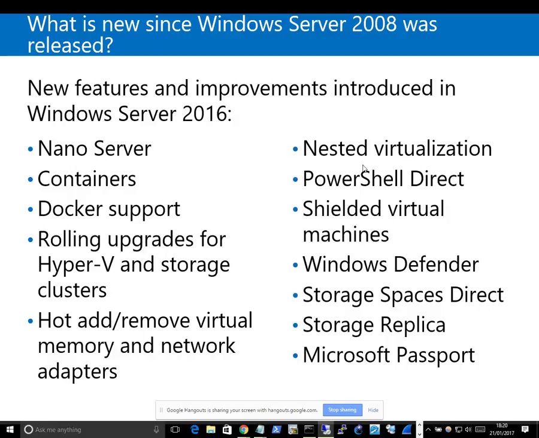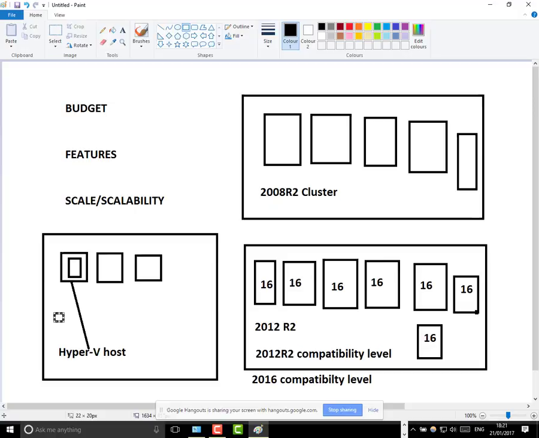Yeah, so I'll just give a quick, very brief review because we'll have to move on. Regarding PowerShell Direct, you've got a Hyper-V host running here, and you've got your VMs running on top of this Hyper-V host.